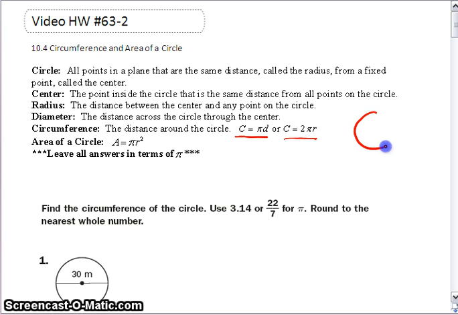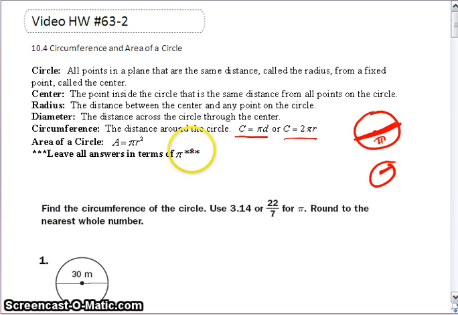So if you think about a circle, you could take the radius times 2, so 2 radiuses times pi, and get the circumference, or you could just take the diameter, which is the entire length, or 2 radiuses, times pi. For the area, you need to use the radius squared times pi.